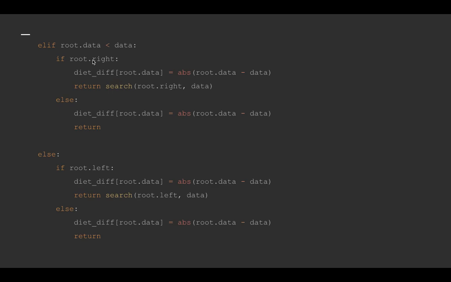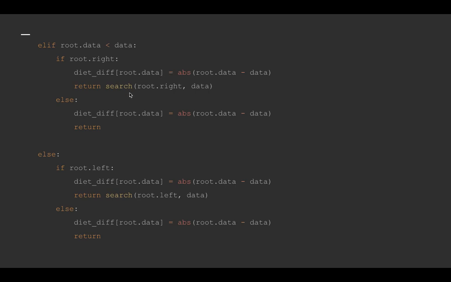So now it will check if the root has a right part, of course it has, and then in the difference dictionary, it will store the root data, that is 100, as the key, and the value would be the difference between the 120 and the 100, that would be stored as a key value pair with value 20.